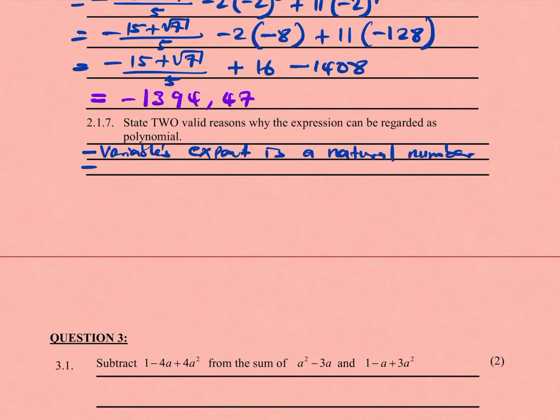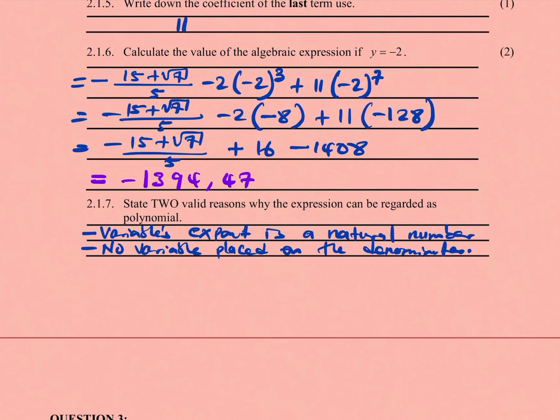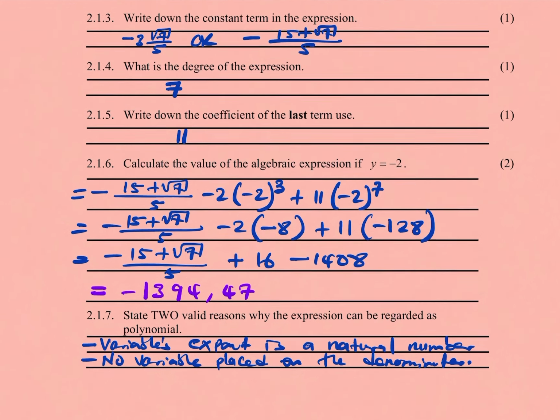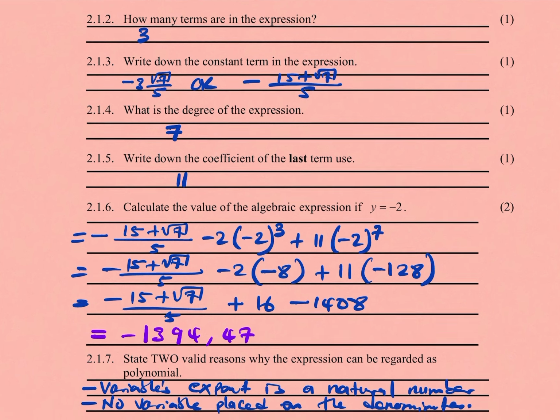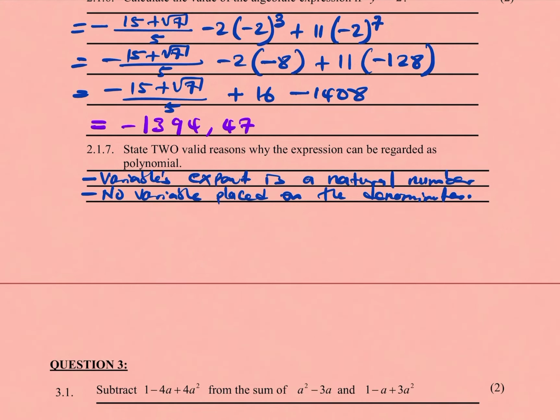And then I say that no variable is placed on the denominator. So that makes this a polynomial. There are a lot of reasons, but for now I asked you to just explain two of them.